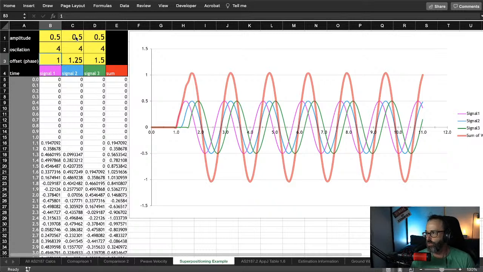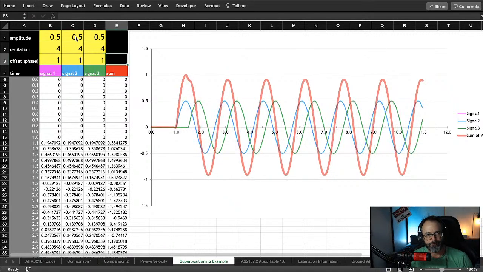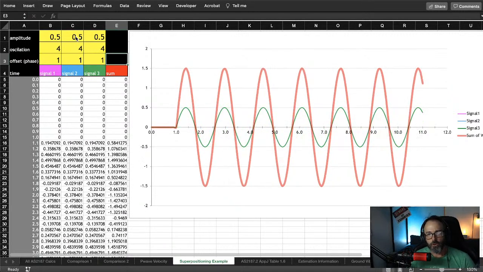That means all the waves are starting at the same time, so we'll put them all at 1. Why can you only see the green one? Because that's the last one that's mapped. So you can see here that the waves are in line. Now, the red wave is 3 times higher or larger than the green waves, the blue waves and the pink waves.